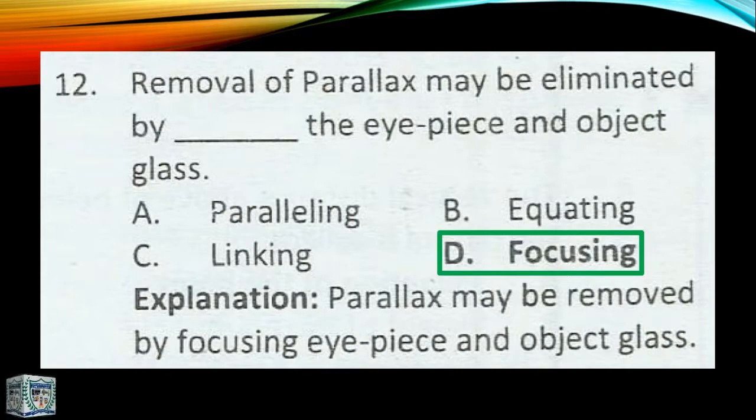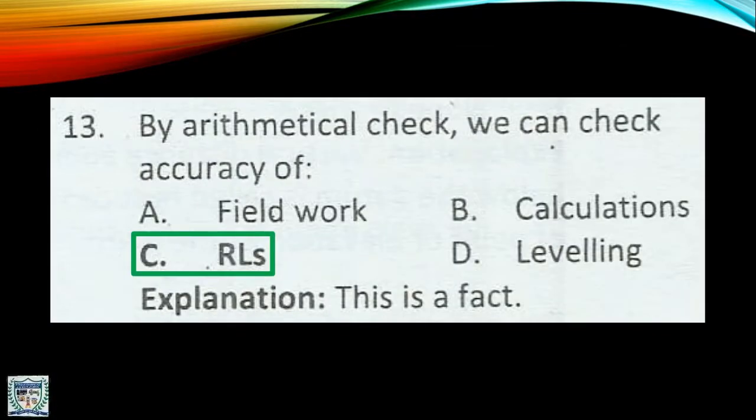Question 12. Parallax may be eliminated by focusing the eyepiece and object glass. So option D, parallax may be removed by focusing the eyepiece and object glass. Question 13. By arithmetic check, we can check the accuracy of reduced levels. Option C, it's a fact.